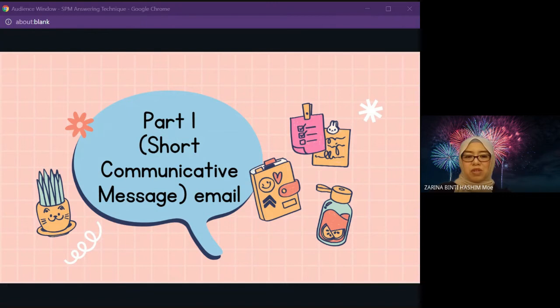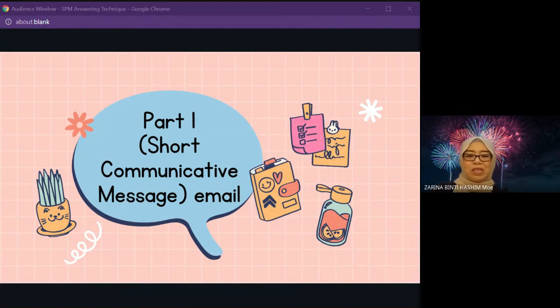So make sure you write 80 or more, but not more than 100 words. Try not to go beyond 100 words, but also not to really bother about the number of words. Try not to count the number of words after you write your essay. So that is on part 1.